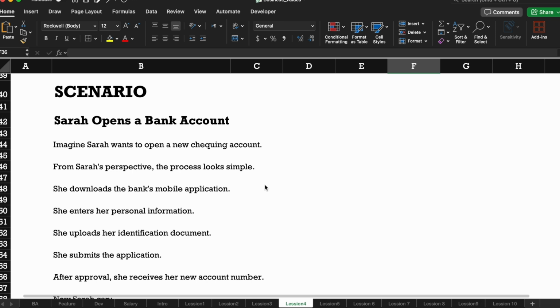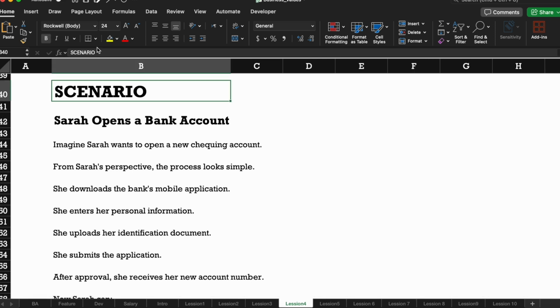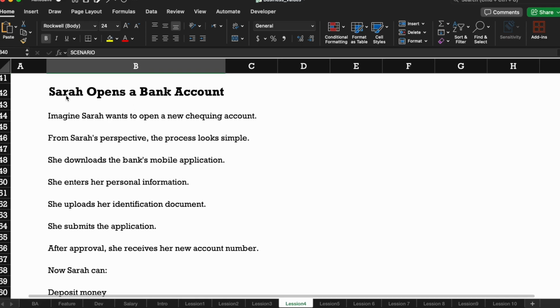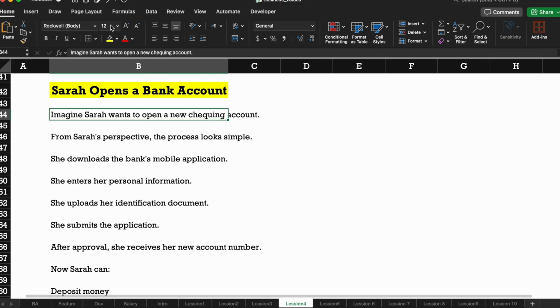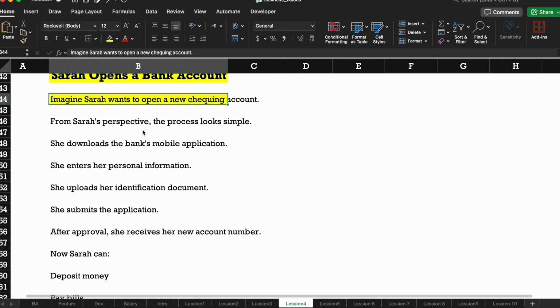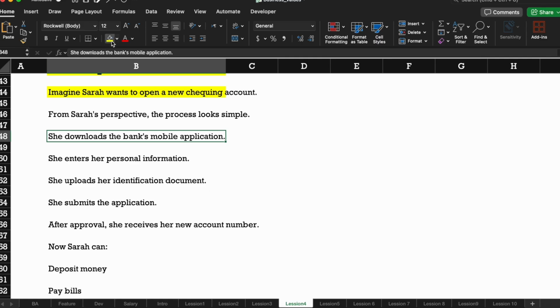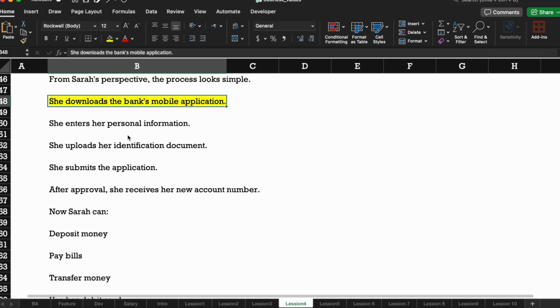Now let's understand these things using a scenario. We continue with our customer Sarah opening a bank account. Imagine Sarah wants to open a new checking account. From Sarah's perspective the process looks simple. She downloads the banking mobile application and enters her personal information.